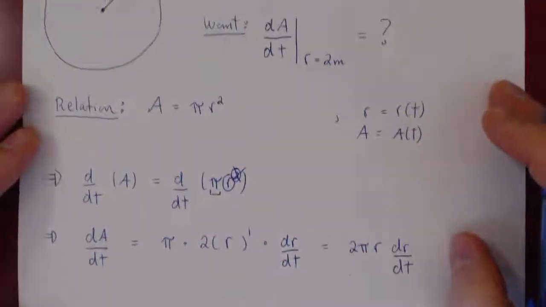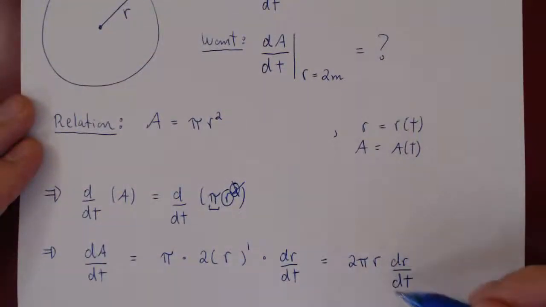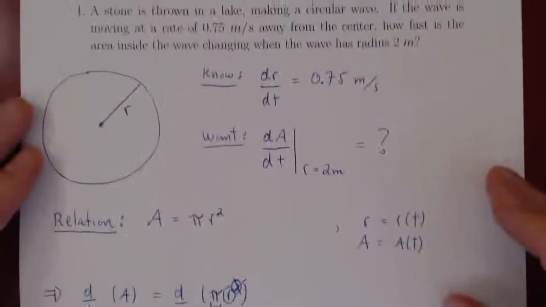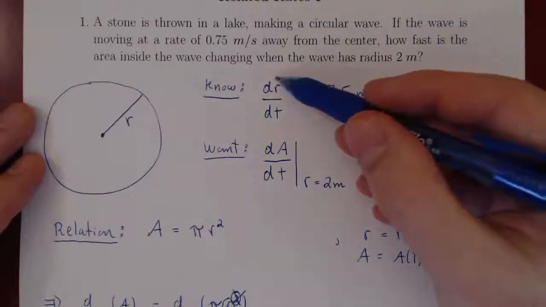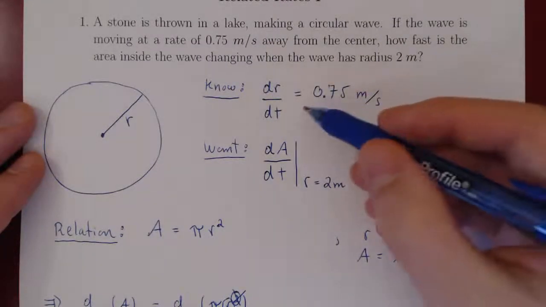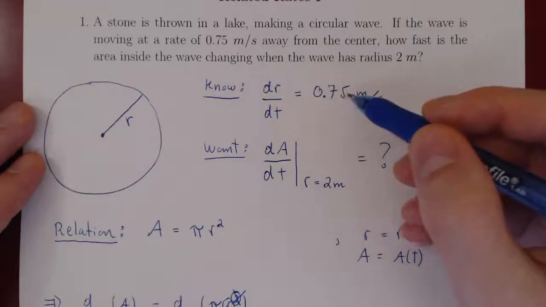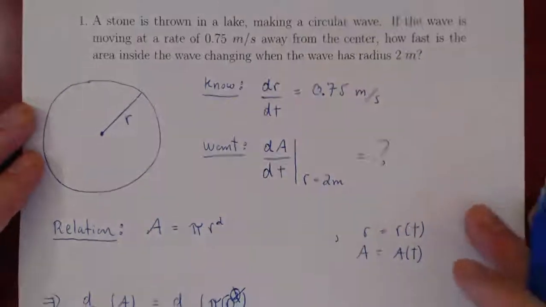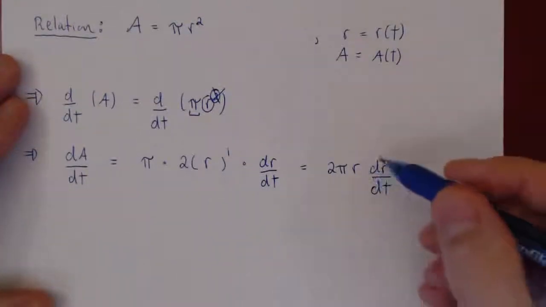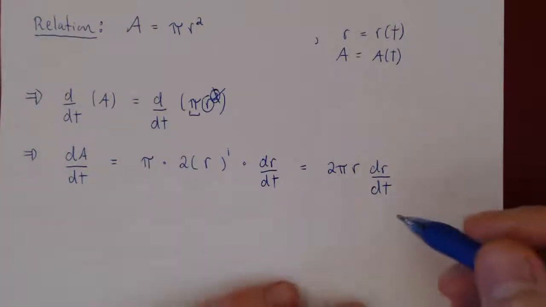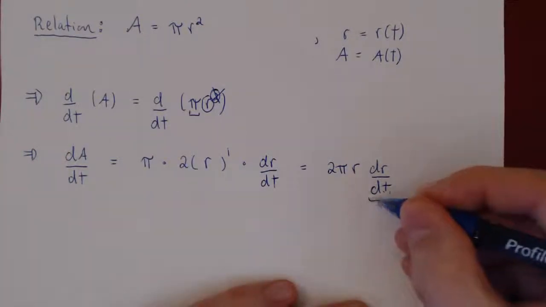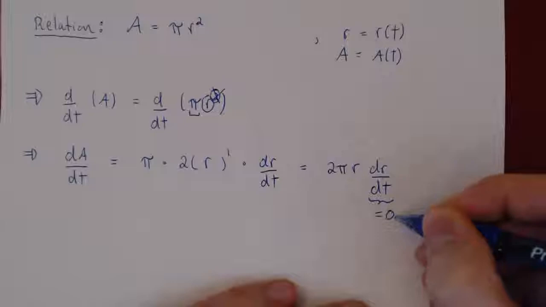But let's go back. We know what dr over dt is. We were told that the rate of change of the radius with respect to time is always 0.75 meters per second. So we can replace dr over dt by 0.75, if you prefer by 3/4.